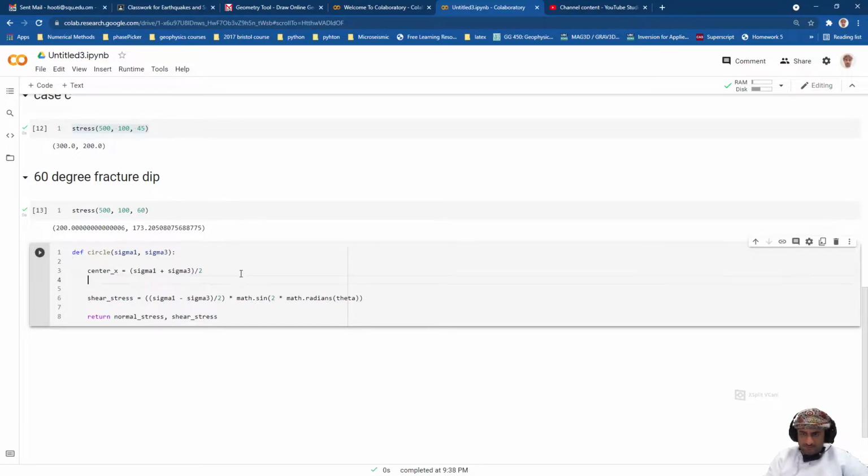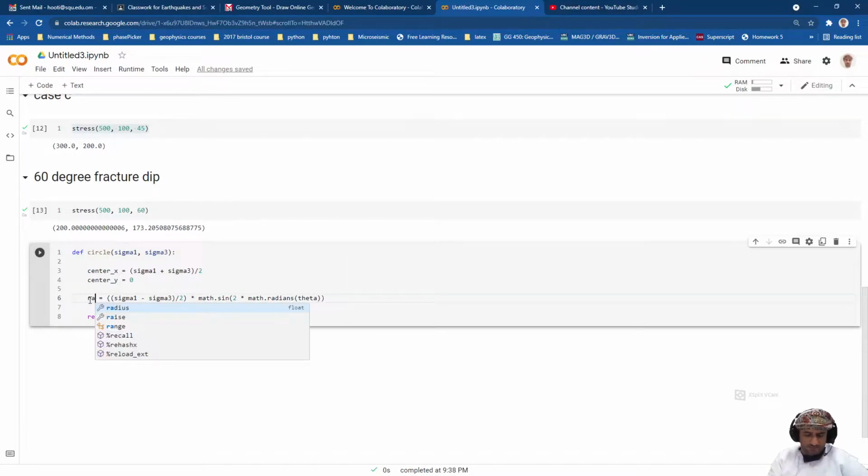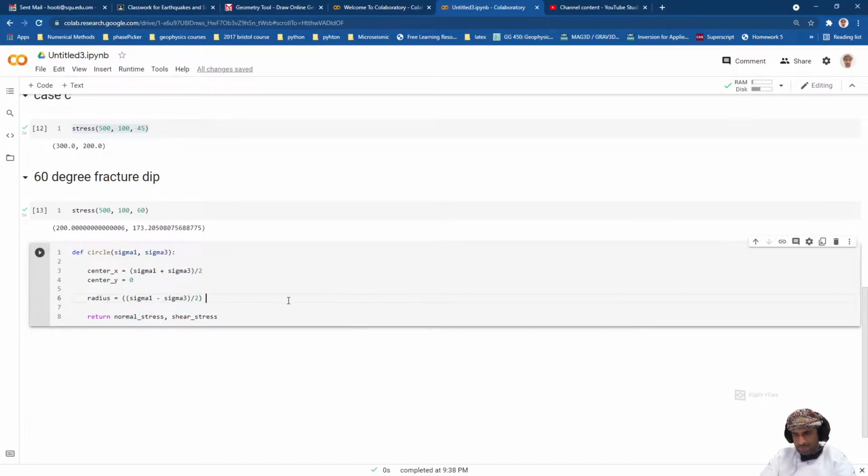And center y is 0. Finally, the radius is this value: sigma 1 minus sigma 3 divided by 2.